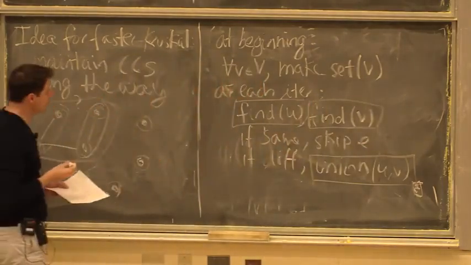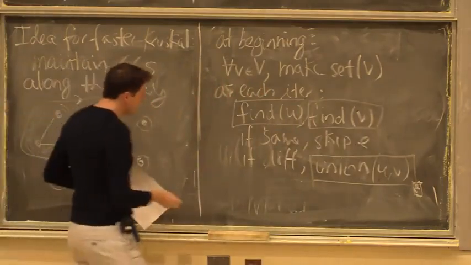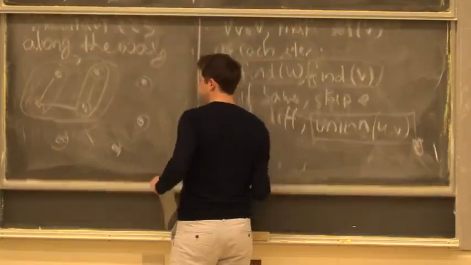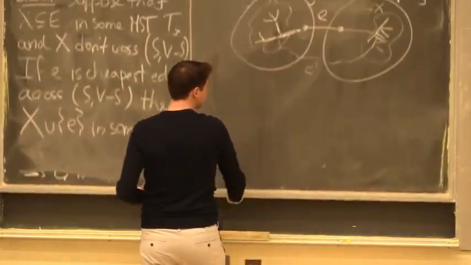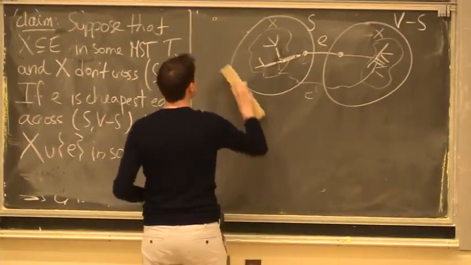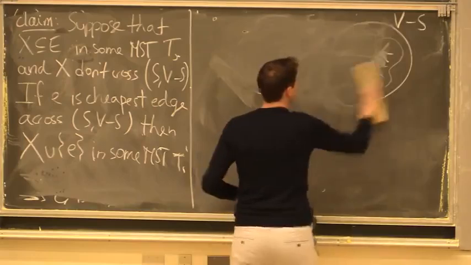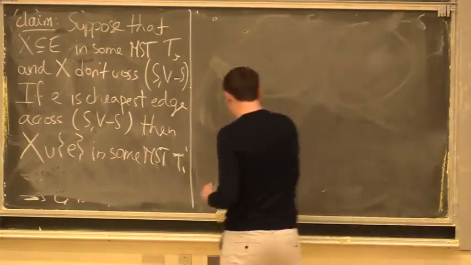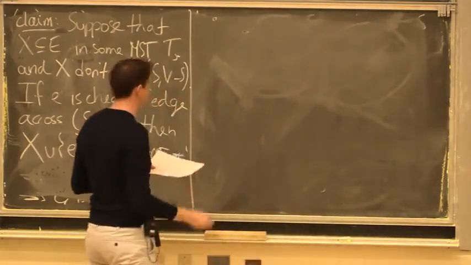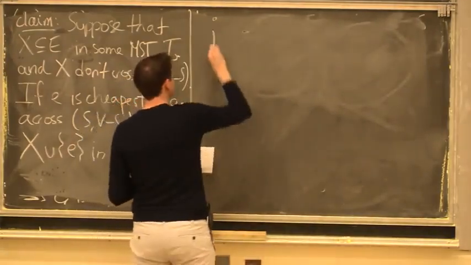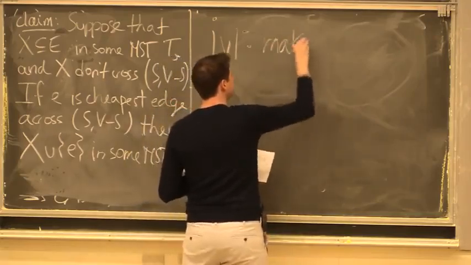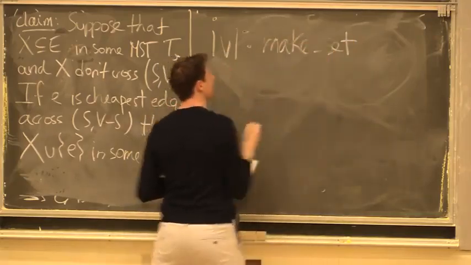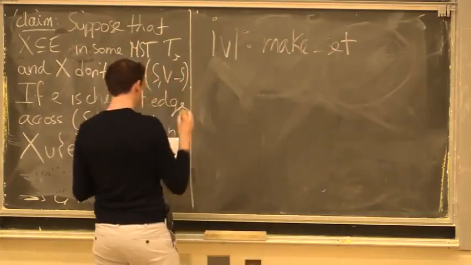Okay? So let's count how many such operations there are. We have size of V make sets. How many finds do we have?